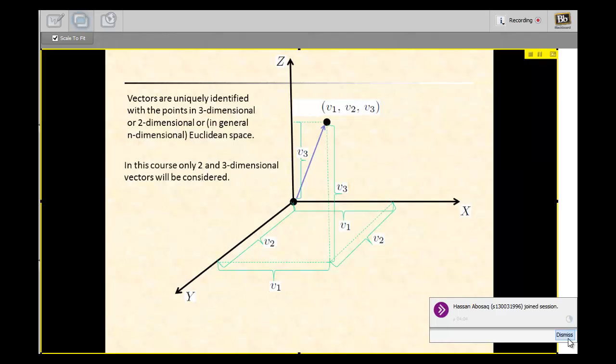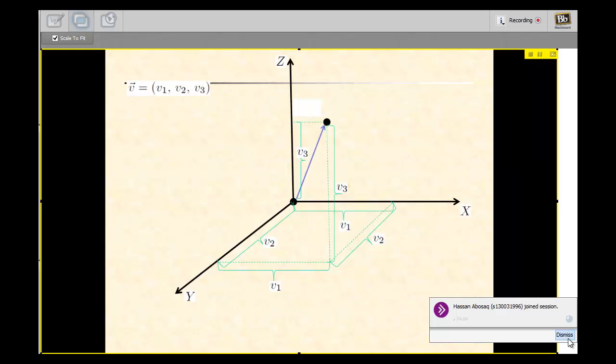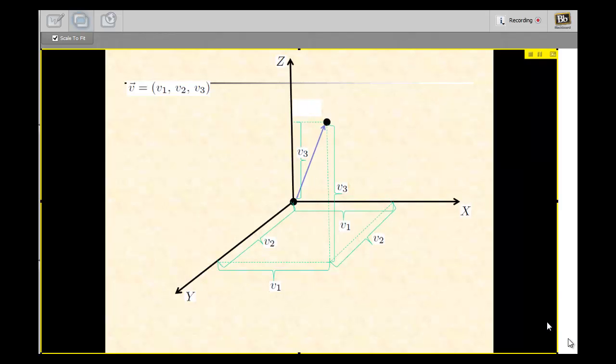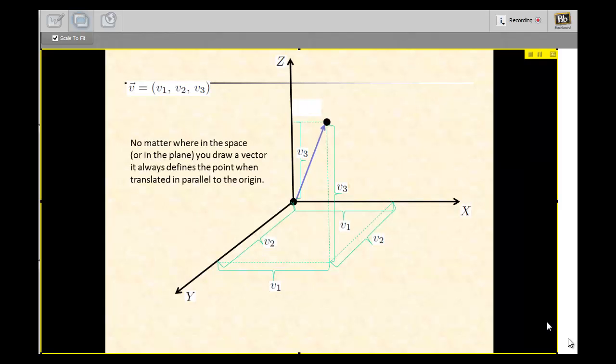So we see there is a vector v equal to v1, v2, v3, and we can move this vector anywhere in this plane. No matter where in the space or in the plane you draw a vector, it always defines the point when translated parallel to the origin.